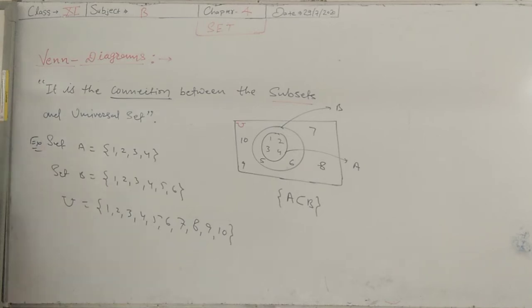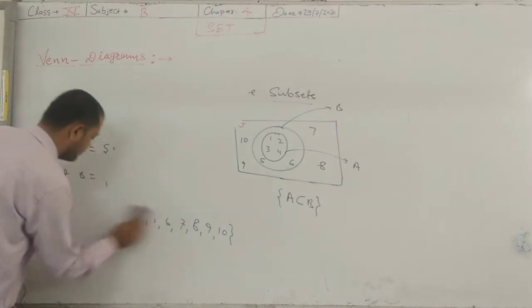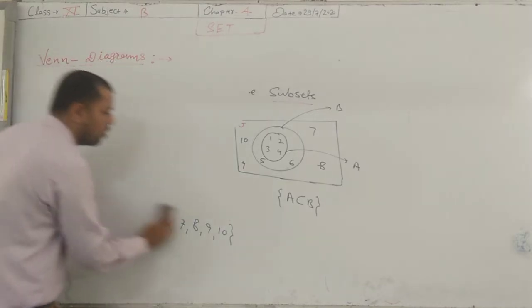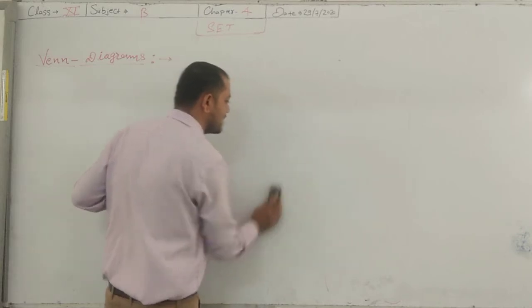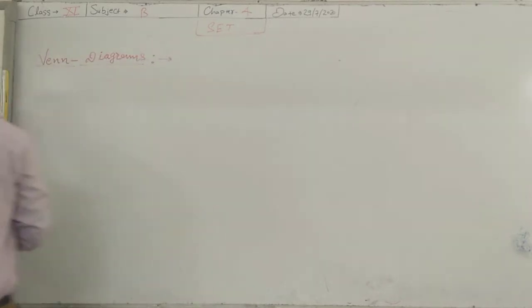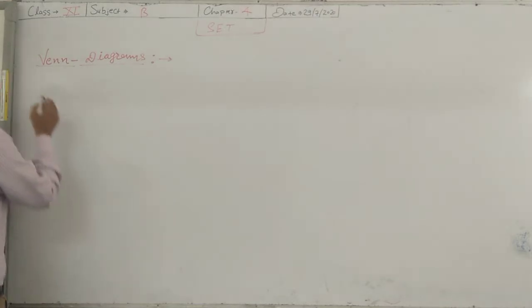We can say the operations of sets in the form of a Venn diagram. We have the following operations: union, intersection, difference, etc. We go for the operations of sets.